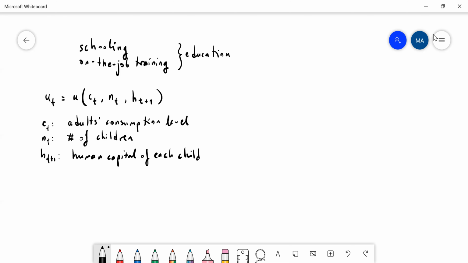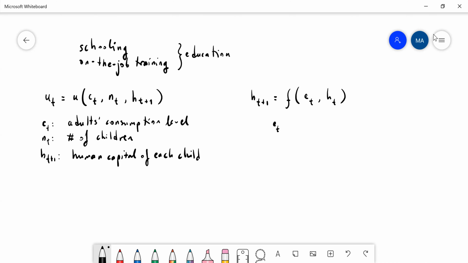Now, obviously, human capital will be created by education spending. This is the simplest model you may imagine, or one of the simple versions of a model.